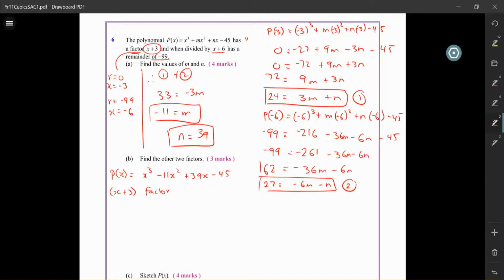Okay, so that only changes equation 1, so negative 3m is still there. The only thing that changes is here. It's 24 plus 27. 24 plus 27 is 51.